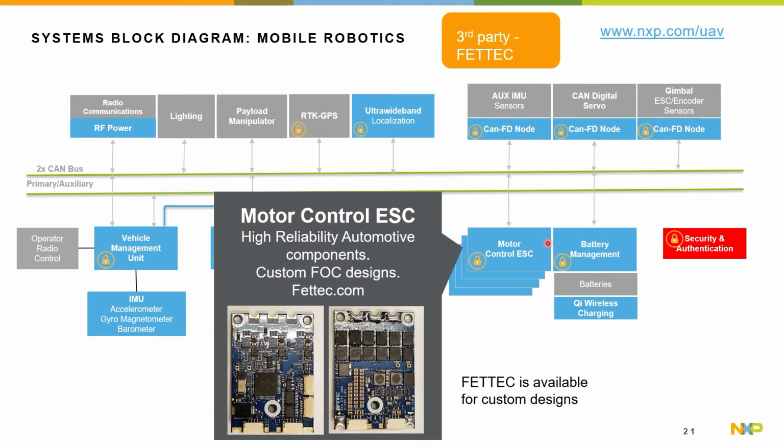For motor controls, there's a third party that uses our components. We work closely with them. The company's called FETtec. They use automotive controllers and have done a number of custom designs for specific customers that need that kind of high-reliability motor controllers.